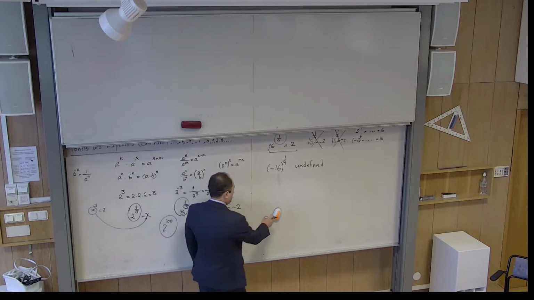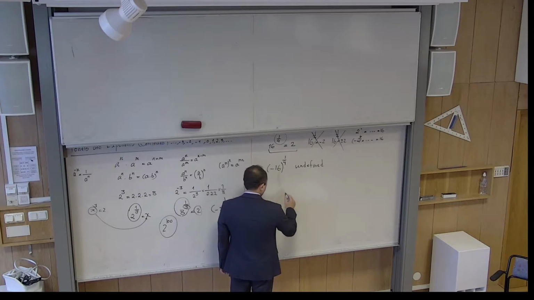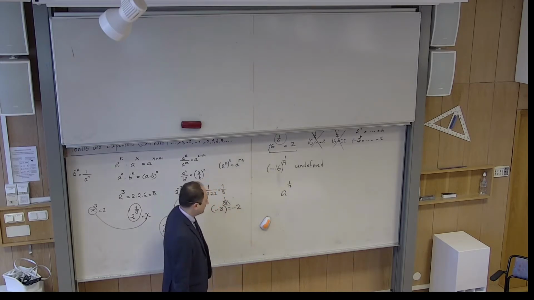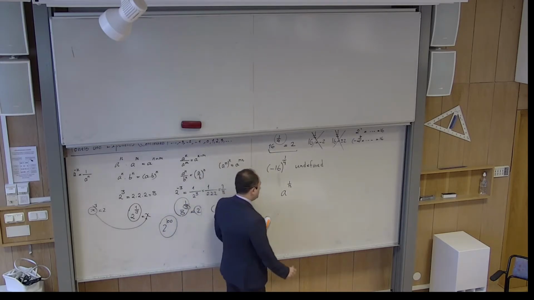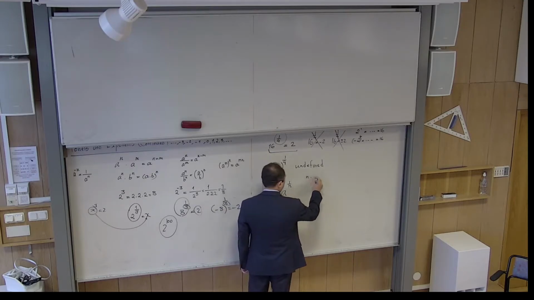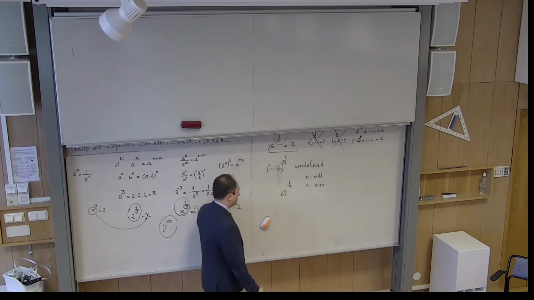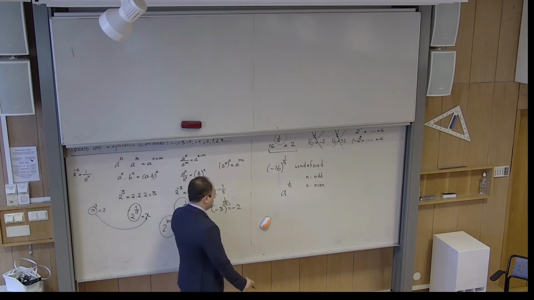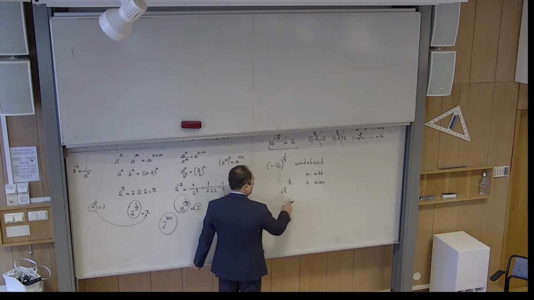So in principle, if I want to summarize everything, if I have a to the power 1 over n, we need to separate two scenarios. Either n is odd or n is even. So what happens for n odd?